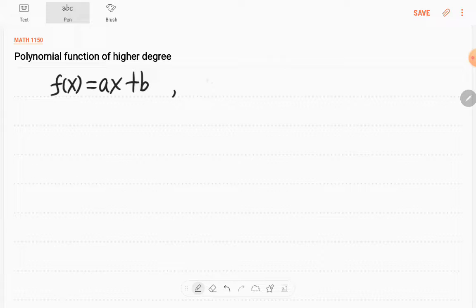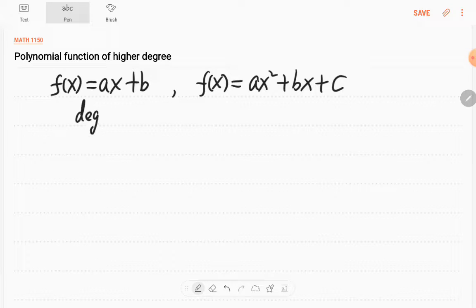And we have the quadratic function, which is ax squared plus bx plus c. So these are the special polynomials. The first one is the polynomial with degree 1, right? The second one is the polynomial with degree 2.